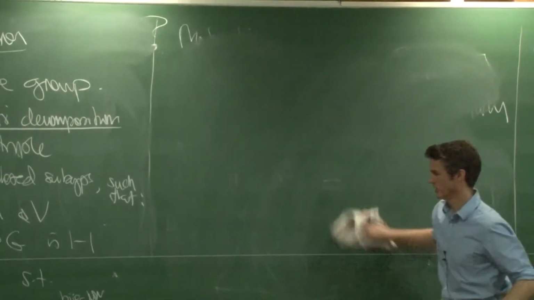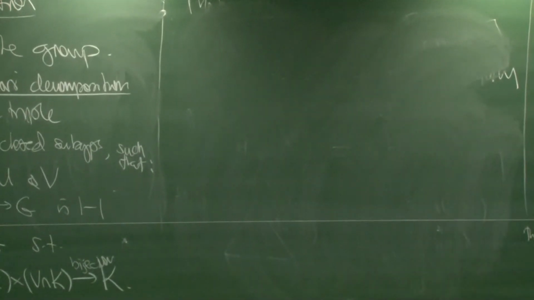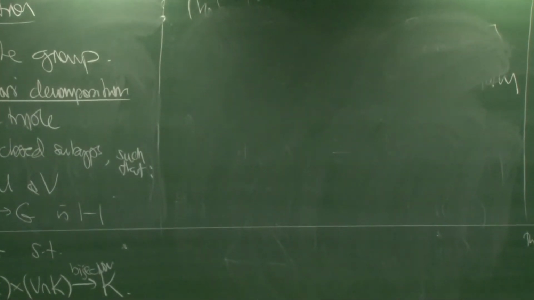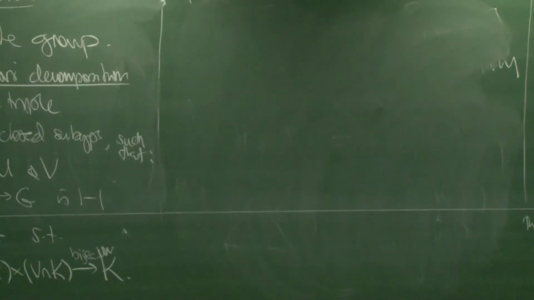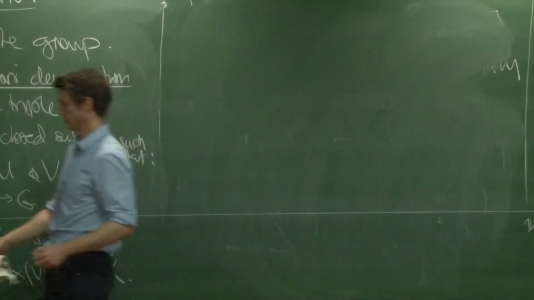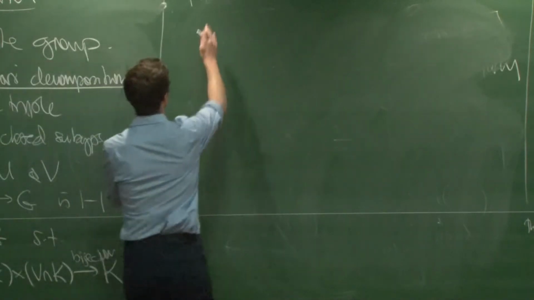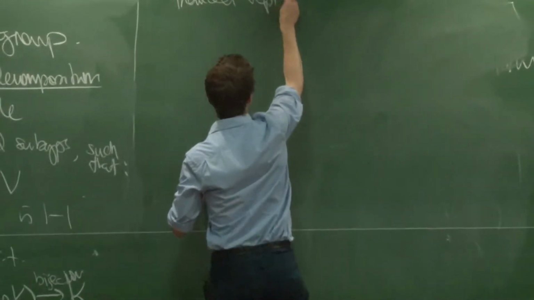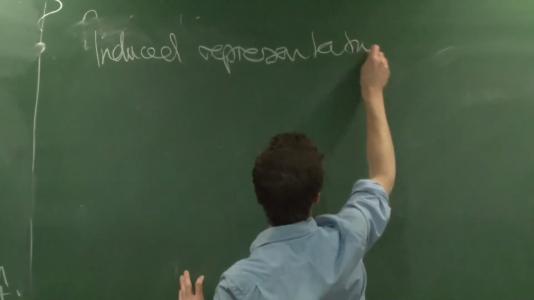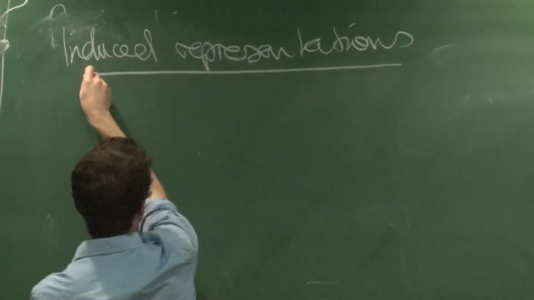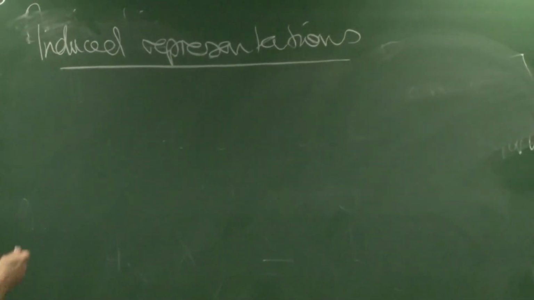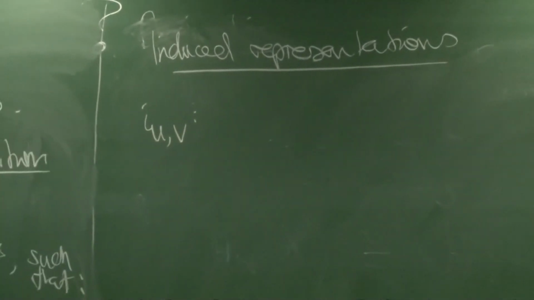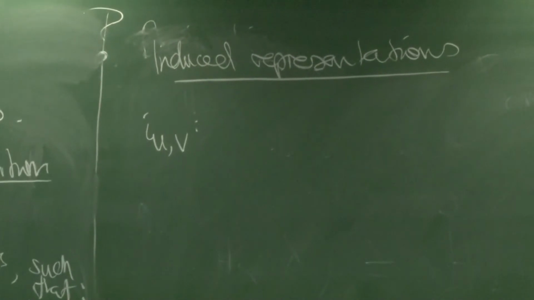First, let me tell you what the induction procedure is for such a triple. So I'm going to define a functor called I_UV. So I'm in this setting here.